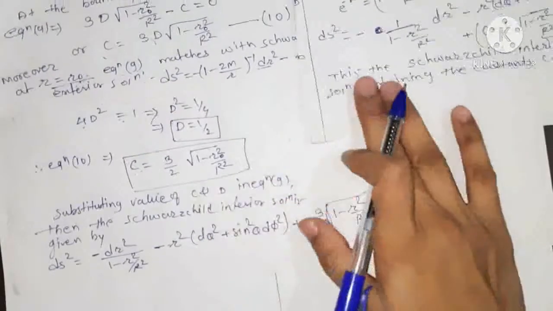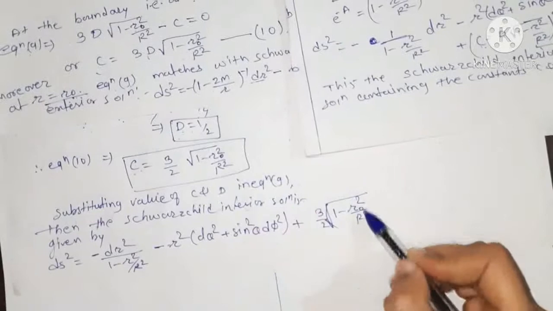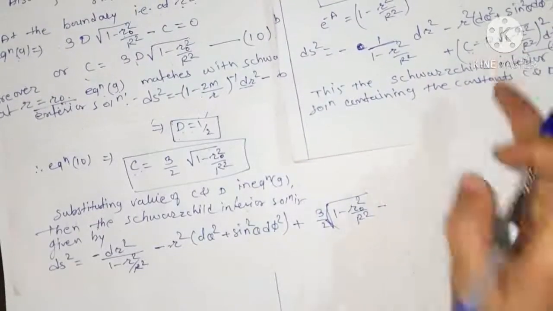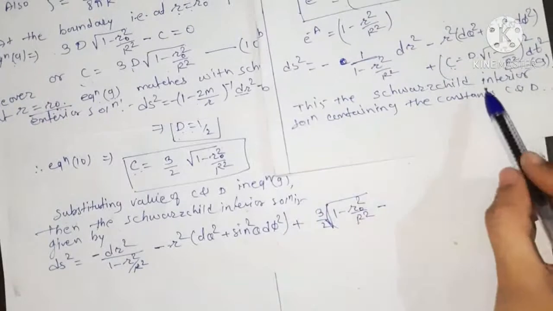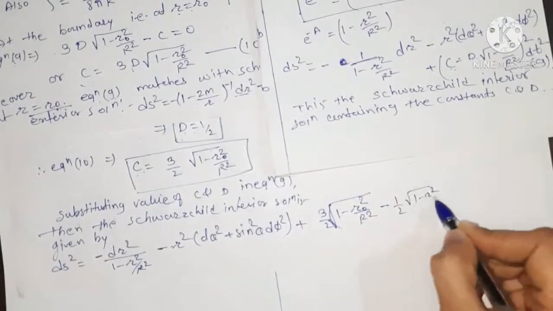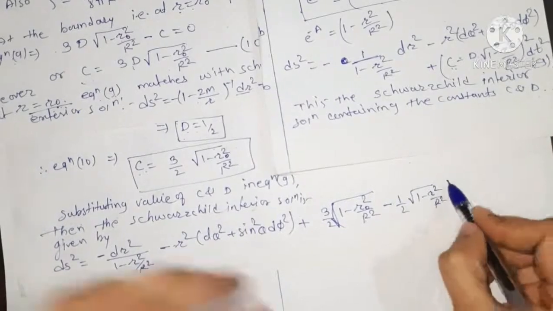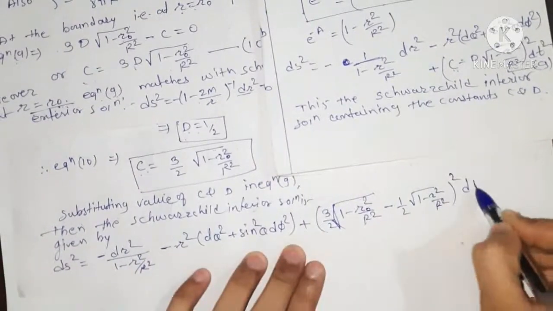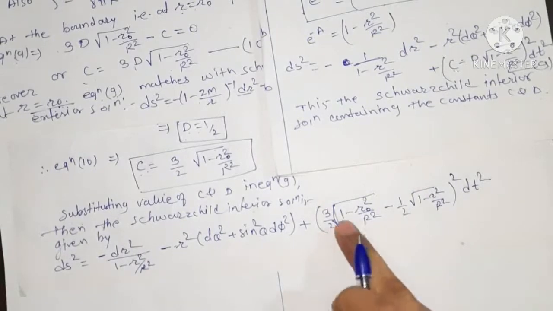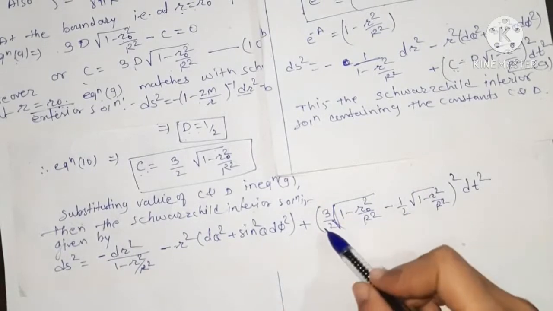So the value of C we write here 1 minus r0 square upon capital R square, minus the value of D, which is 1 upon 2 under root of 1 minus r square upon capital R square, whole bracket square dt square. Then we can take the common 1 upon 2 from this term.